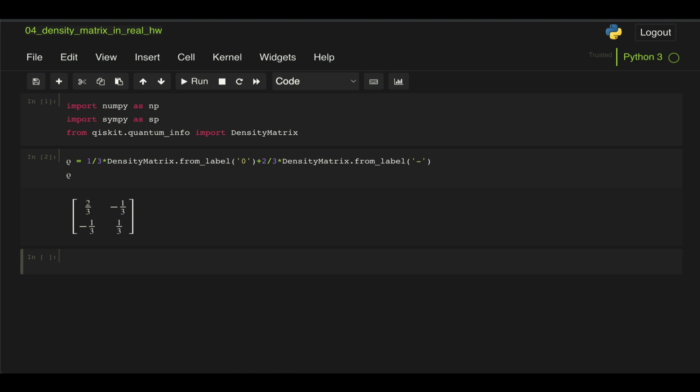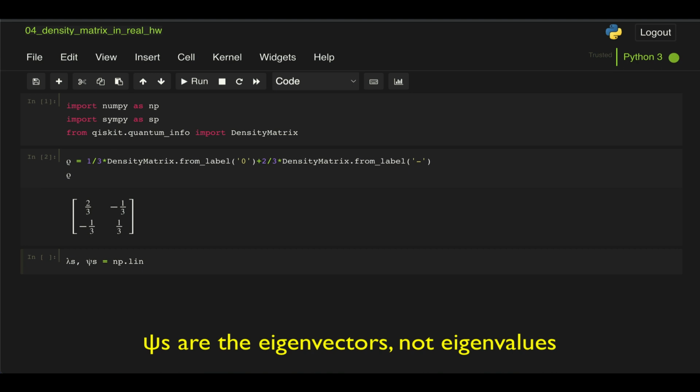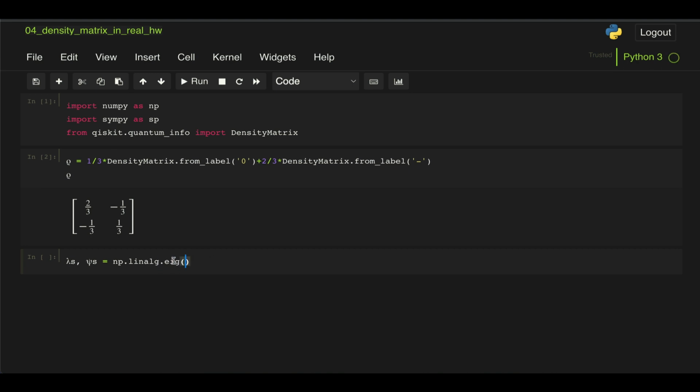And then we can simply just find the eigenvectors. So let's call them our lambdas, and our eigenvalues, let's call them our psi's, by using this linear algebra function from numpy that computes the eigenvalues and eigenvectors if we pass a given matrix.